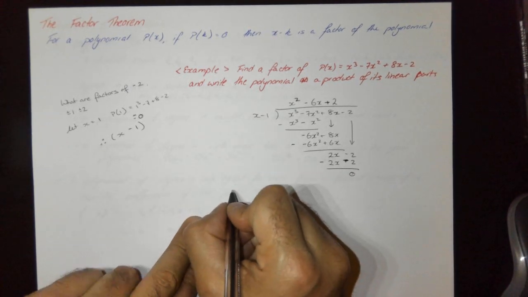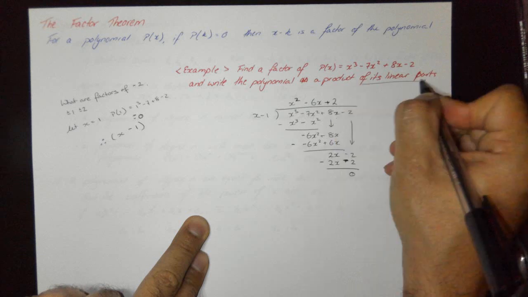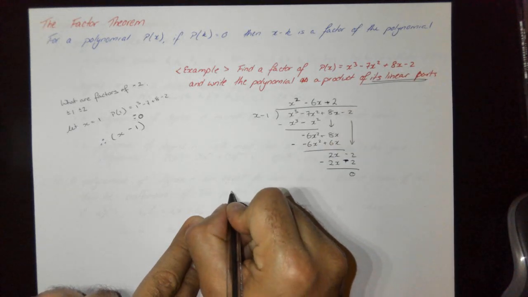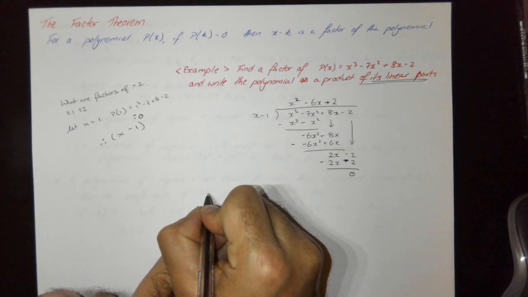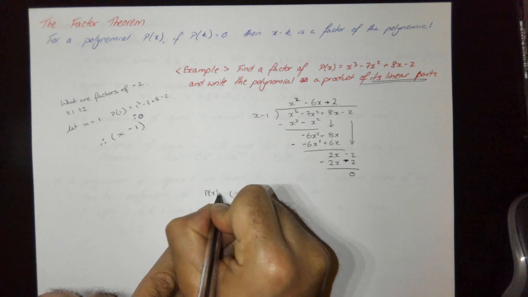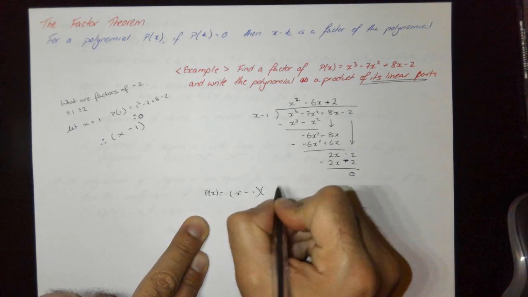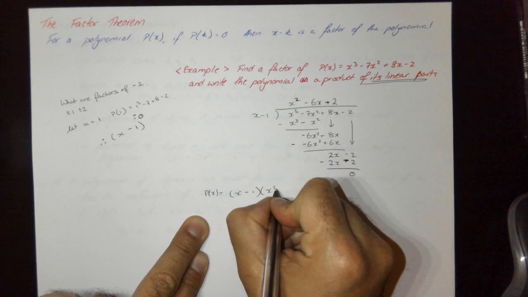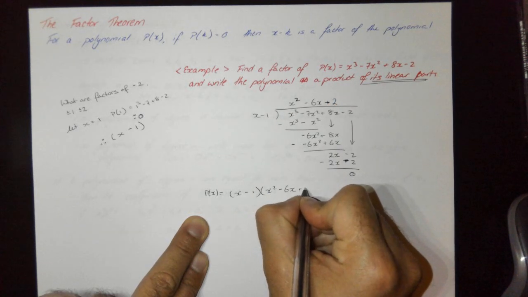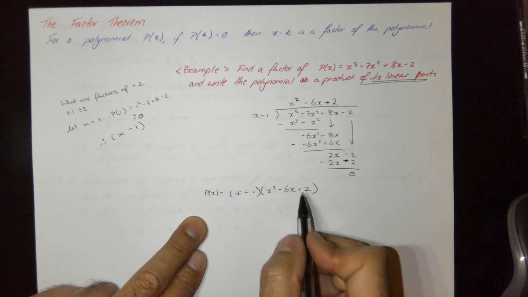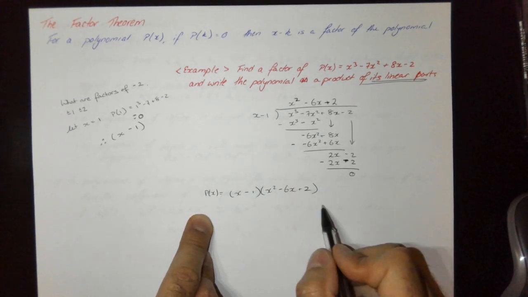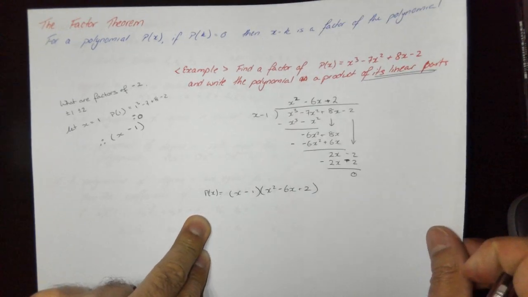So if I want a product of its linear factors, p of x now equals x minus 1 multiplied by x squared minus 6x plus 2. Now I can't factorize that any further, so that's my final answer.